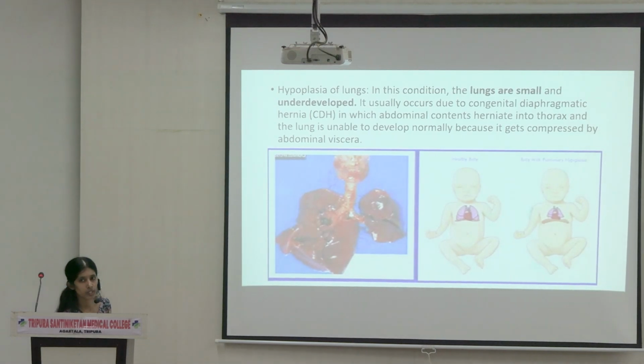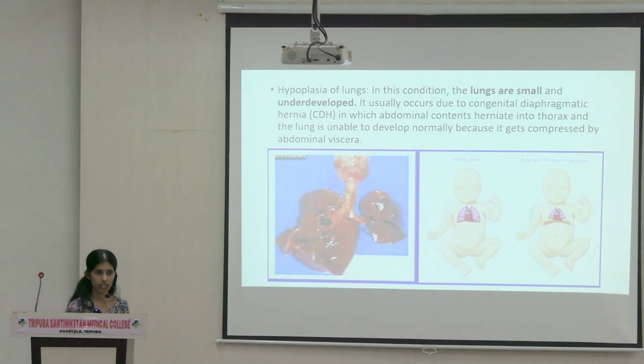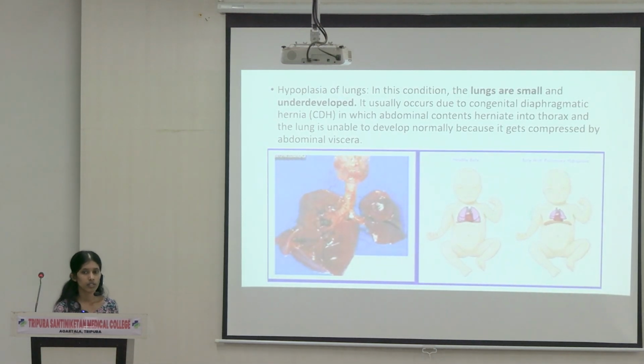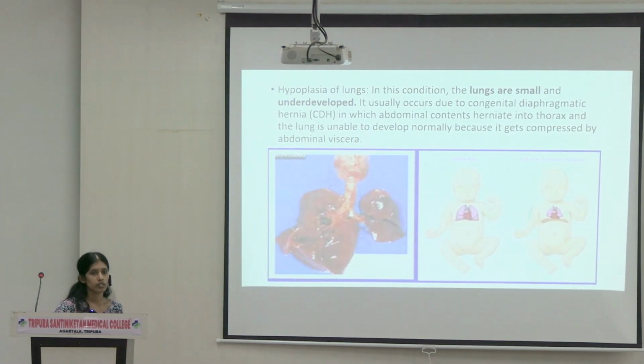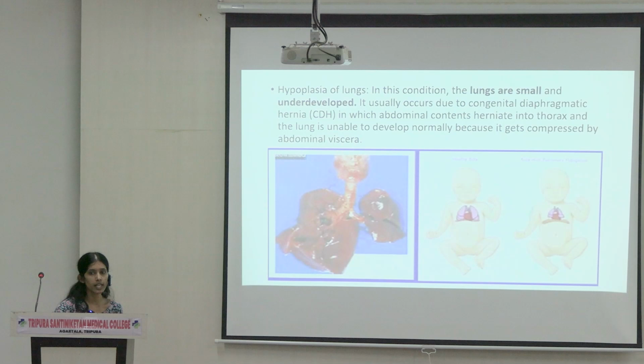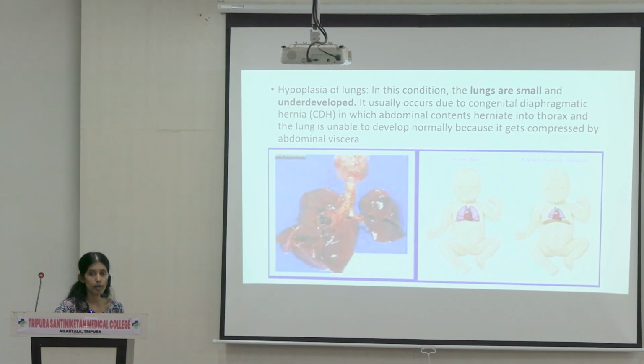Any doubts in anomalies? What are the conditions we have learnt in anomalies? In the anomalies of pharynx, we have seen pharyngeal atresia and pharyngeal stenosis followed by pharyngeal web.